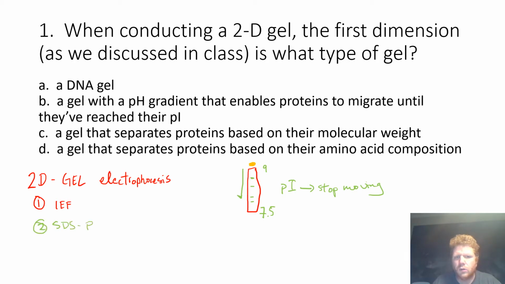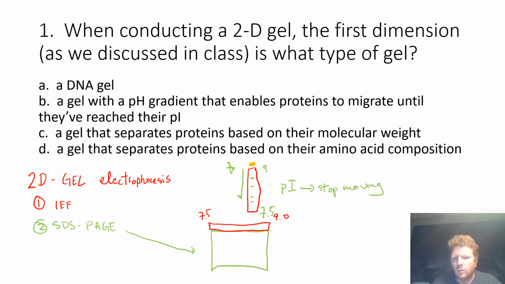SDS page. And the cool thing about this technique is you take this gel right here that you've already run, this IEF gel, and you just place it atop an SDS page. And so you would have something that looks like this. That isoelectric focusing gel is here, so we've got a pH 7.5 to 9.0.